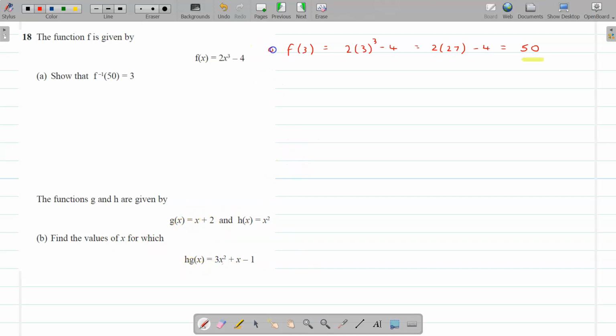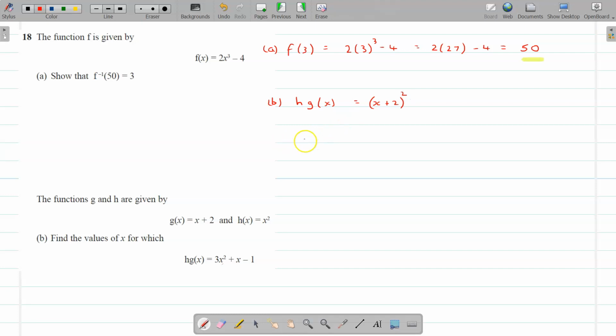So that was part A. This is part B. So hg of x means that you first of all apply g, and then from the result of that you apply the function h. So g is x plus 2, and then I've got to square it, which is what h tells me to do. So it's that.